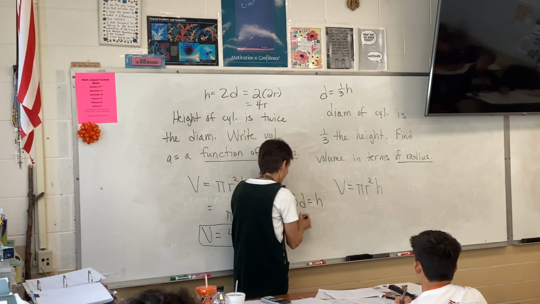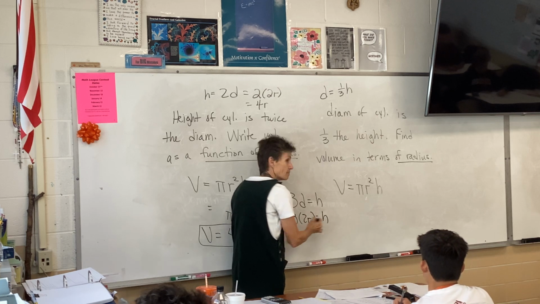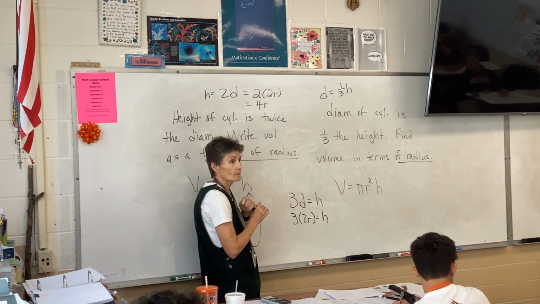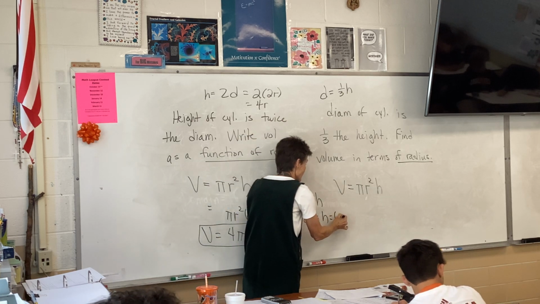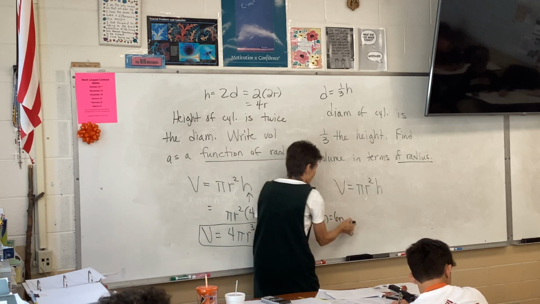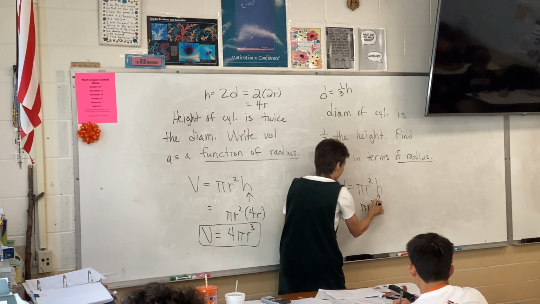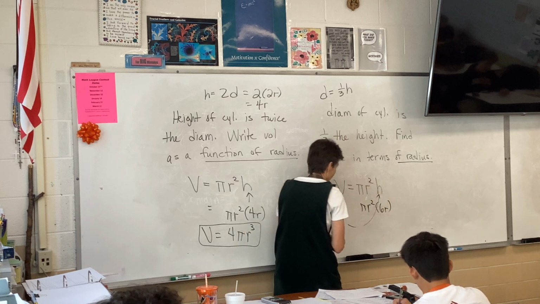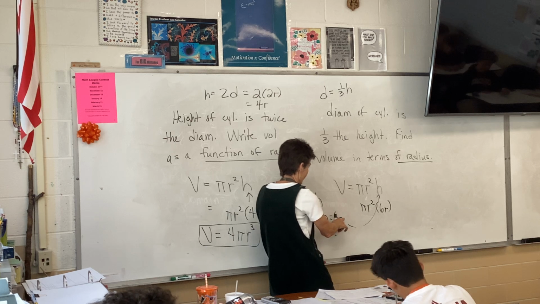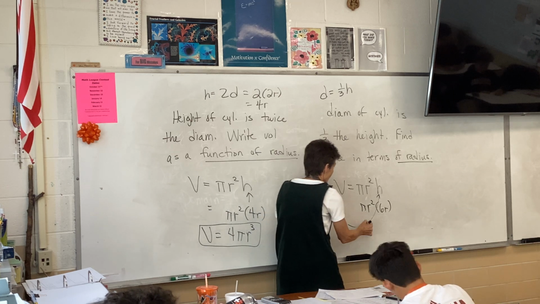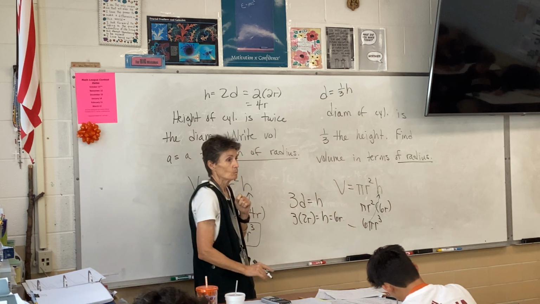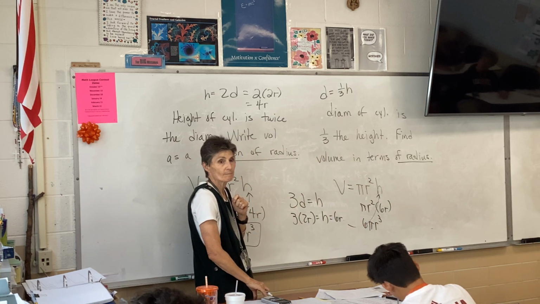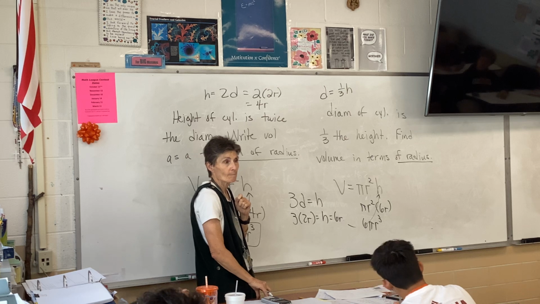A diameter is 2 radiuses. So the height must be 6 radiuses, which I can plug in right here. So pi r squared times 6r, so 6 pi r cubed would be my volume. Okay?